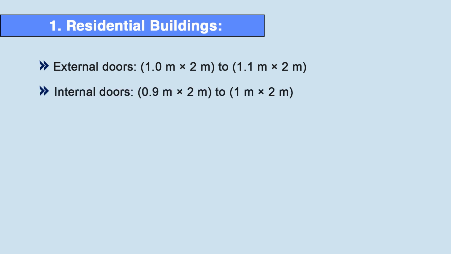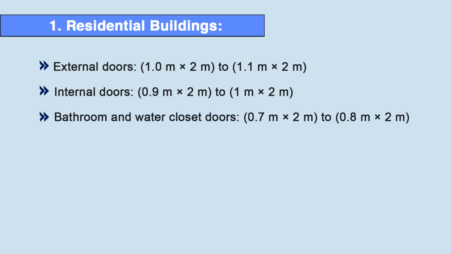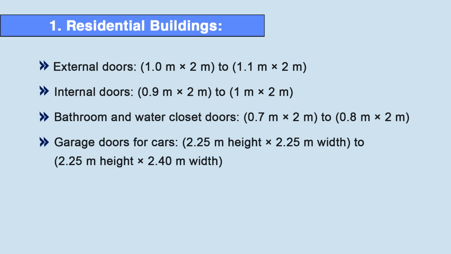Internal doors generally have size 0.9 meter by 2 meter to 1 meter by 2 meter. Bathroom and water closet doors are of somewhat small size, like 0.7 meter by 2 meter to 0.8 meter by 2 meter.